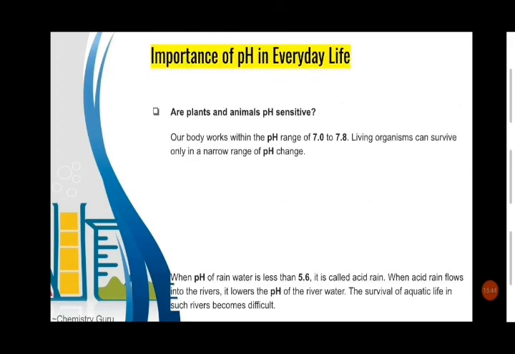Now let's learn some applications: the importance of pH in everyday life. First one is, are plants and animals pH sensitive? Our body works within the pH range of 7 to 7.8, and living organisms can only survive in a narrow range of pH.